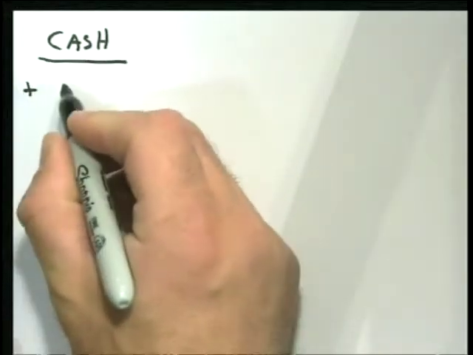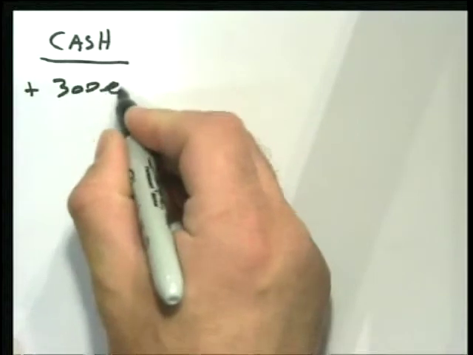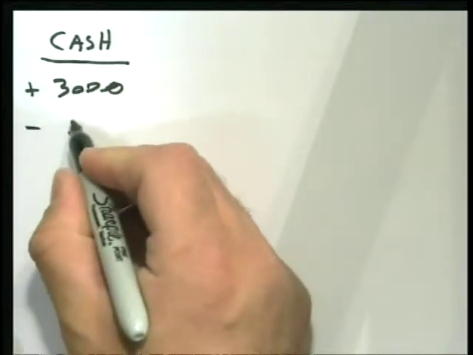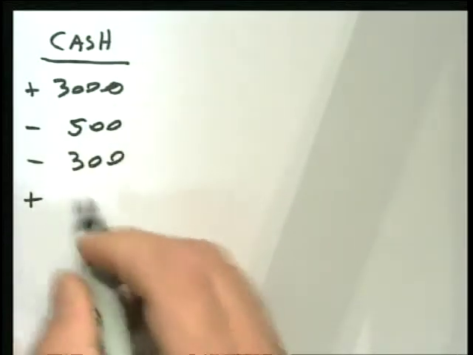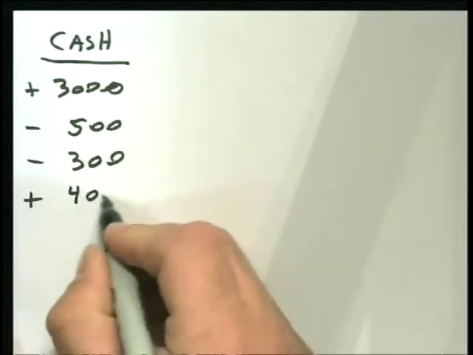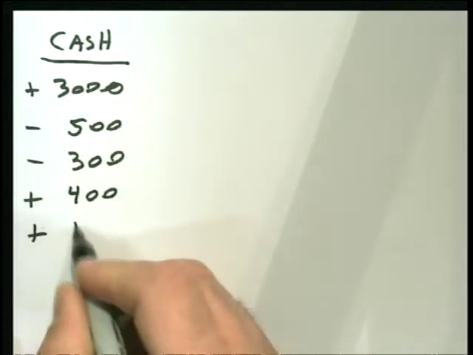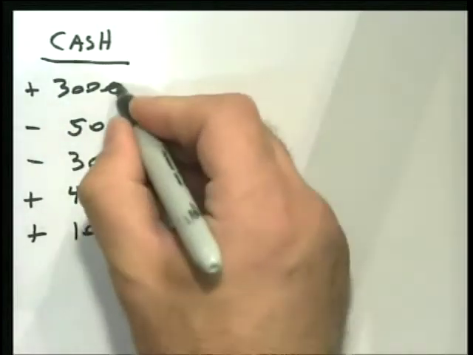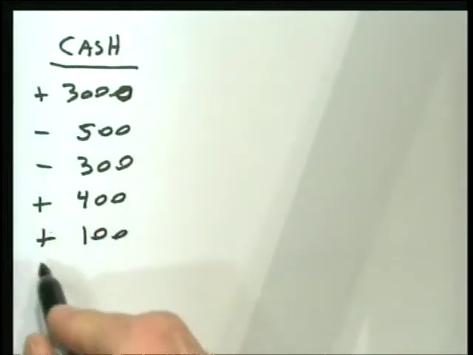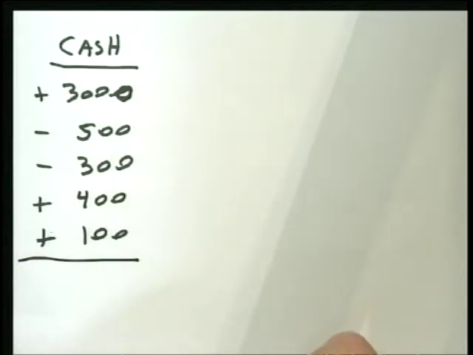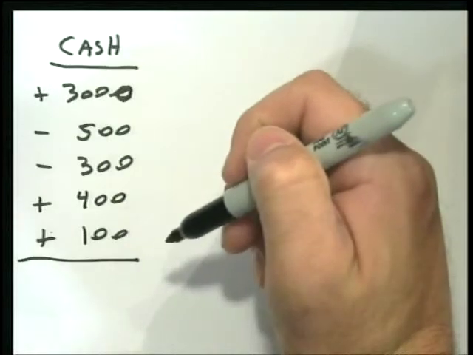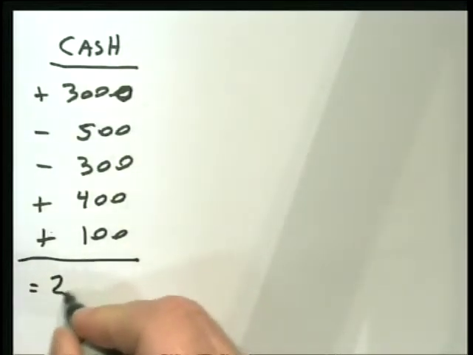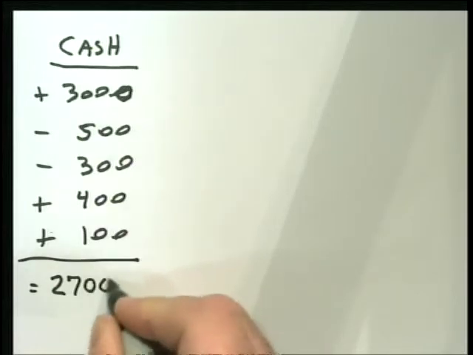And we might say plus 3,000, minus 500, minus 300, plus 400, plus 100, right? We're recording those increases and decreases in that account, right? Okay? That is an account for cash. And of course, we can figure out what the ending balance is for that account, can't we? And in this case, let's see what it is. 3,500, 2,700? Okay, that is the account balance. Okay? Now, we will come back to that guy in a second.